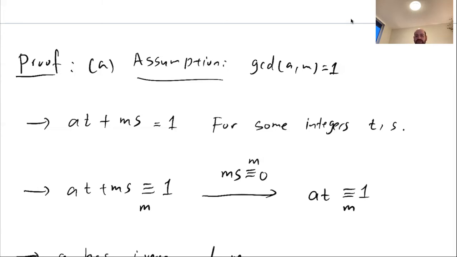That means if we can write 1 as a linear combination of A and M, then the rest is easy. Just look at the equality as a congruence mod M, and then you will find the inverse of A. So the key point is to find integers T and S where 1 is equal to AT plus MS.